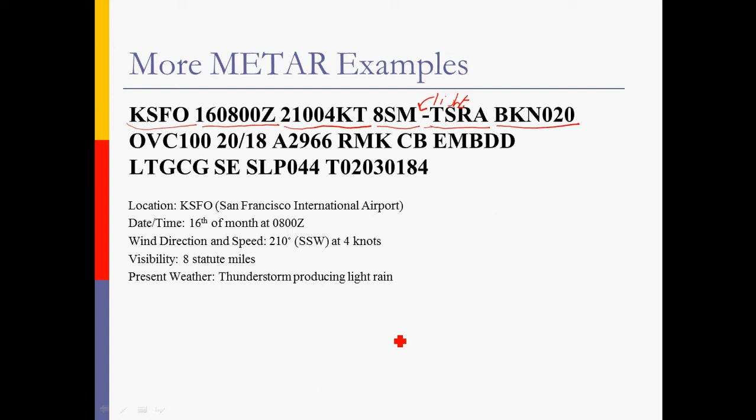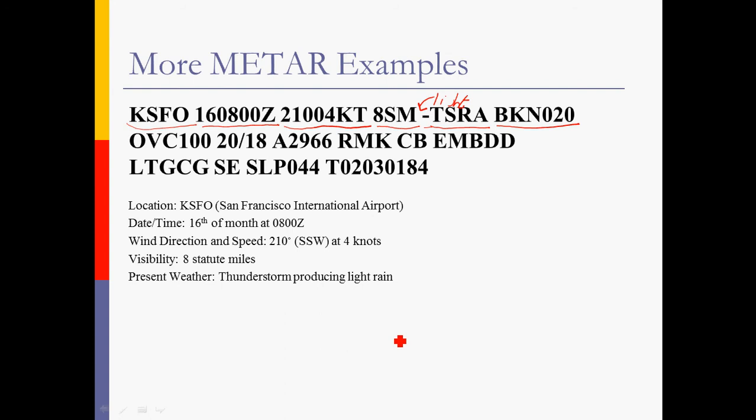So there were broken clouds at 2,000 feet. And broken cloud coverage means 5/8 to 7/8 of the sky is covered by clouds. By the way, this would be classified as low clouds. You'll learn that clouds at a height lower than 6,500 feet are typically referred to as low clouds.